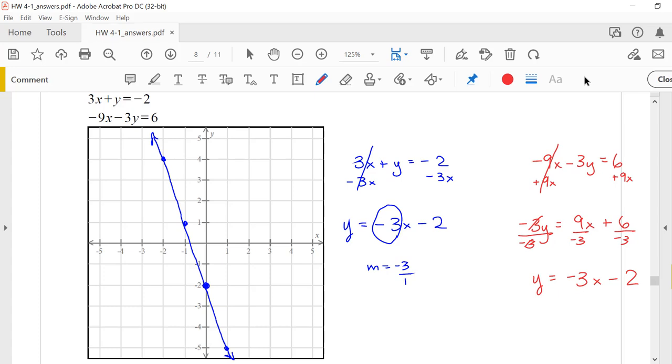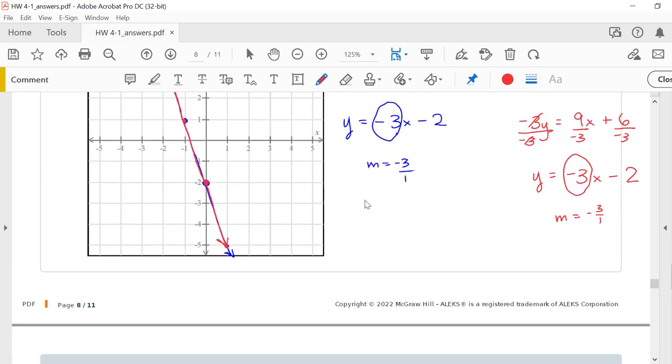My y-intercept is negative 2, and my slope is negative 3, so my slope is negative 3 over 1. Oh, look, up 3, left 1. It's the same line. Since they're on top of each other, there are infinitely many solutions.